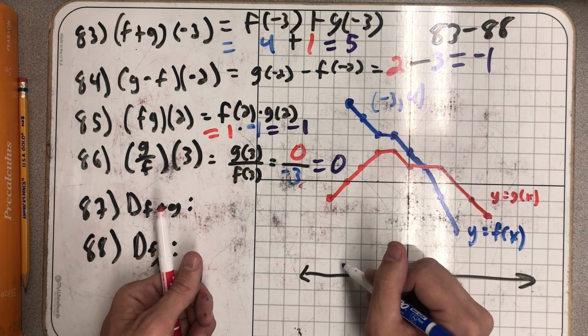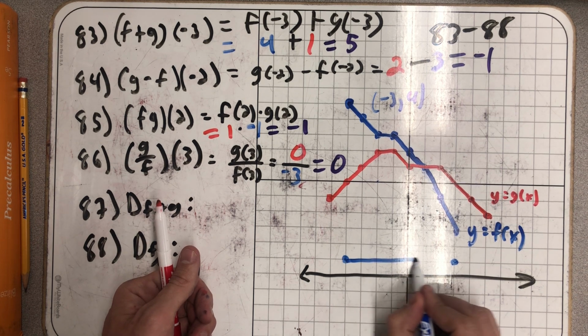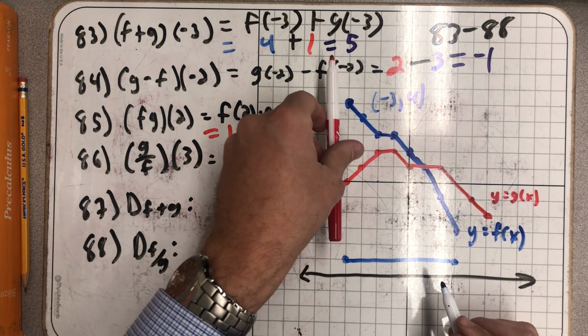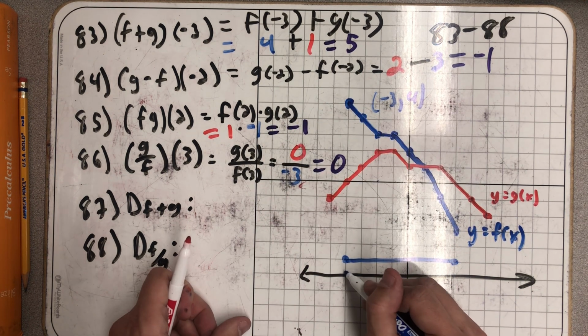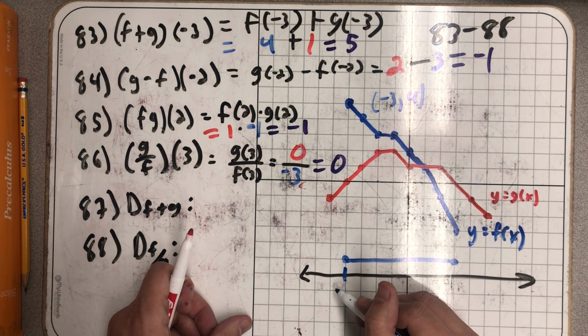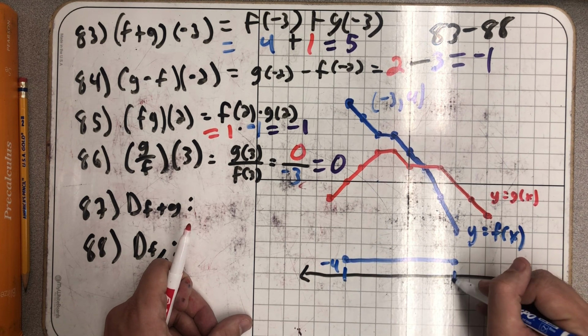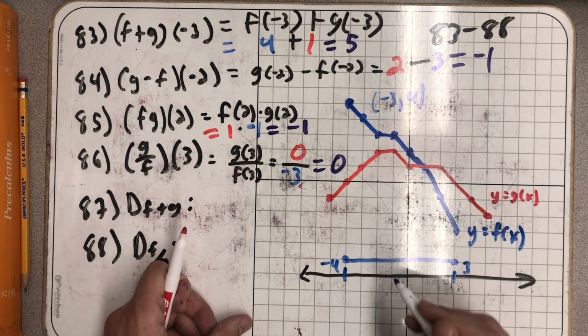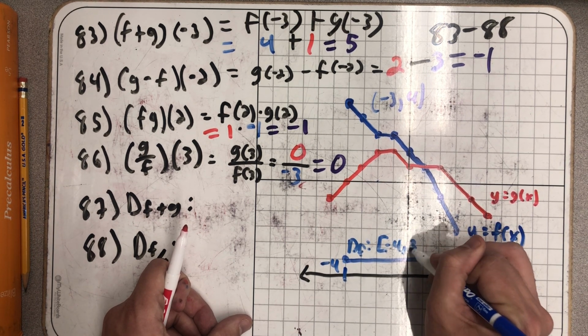Well, very literally, if I think about all of the x's, I can just kind of see that they're these ones, right? Starting at minus 4 and ending at positive 3. Literally the domain of f would be from minus 4 to positive 3.